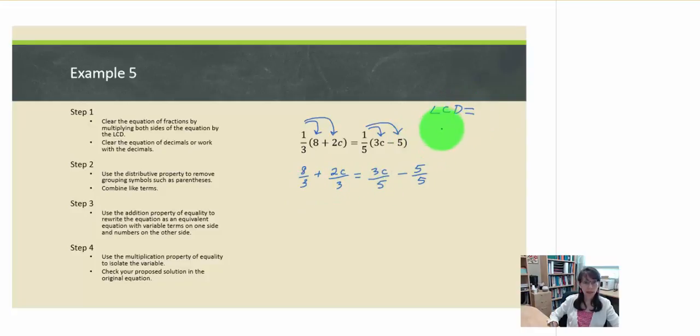So one denominator is 3, the other denominators are 5, and if I try to divide these, well, they're only divisible by themselves. So they already are prime numbers, and they're different from each other. So 3 times 5 means 15 is our lowest common denominator. So I'm going to take 15 and multiply that by each term in our equation.